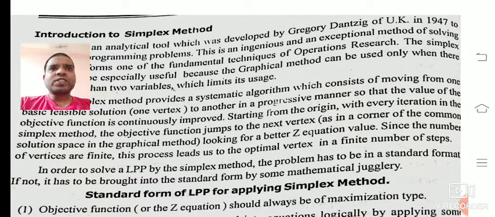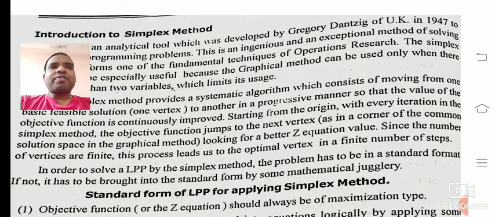Progressive manner means the objective function is continuously improving. That we can call the simplex method.